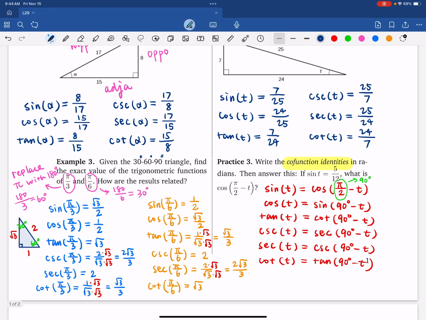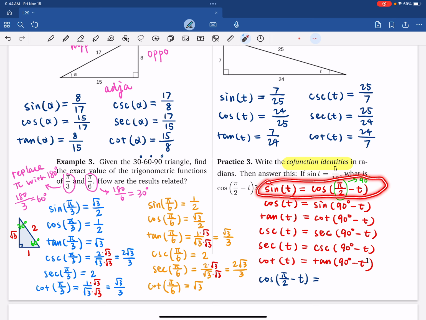Let's do the problem of practice 3, right? Problem of practice 3 says, if sine of t is 5 over 12, what is cosine of pi over 2 minus t? Right, so let's write it down. Cosine of pi over 2 minus t is, so we're going to use this first one that I write over here, right?